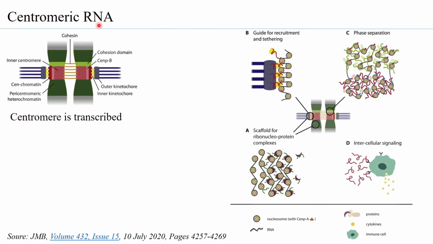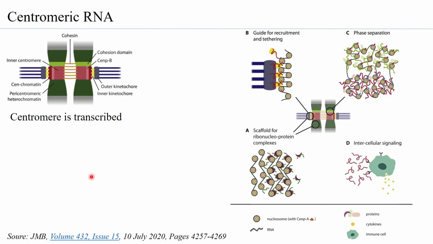So the presence of centromeric RNA gives one aspect, that there are portions of the centromere that can get transcribed. And which portion of the centromere is going to be transcribed is determined by several regulatory mechanisms, one of which is what kind of histone modification is present.